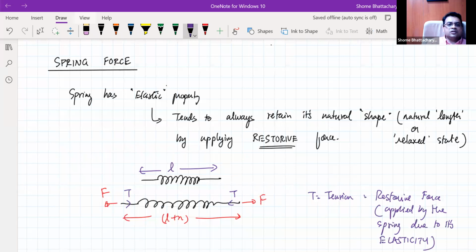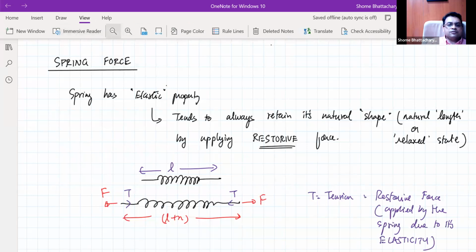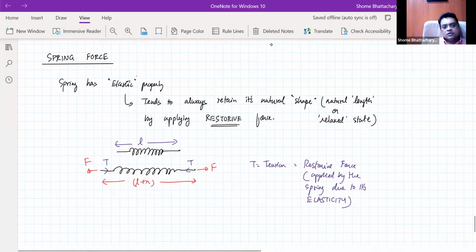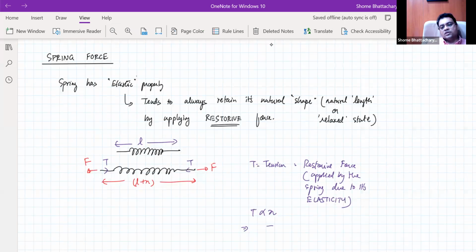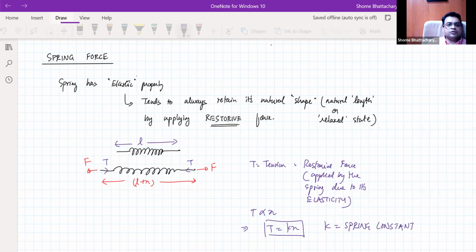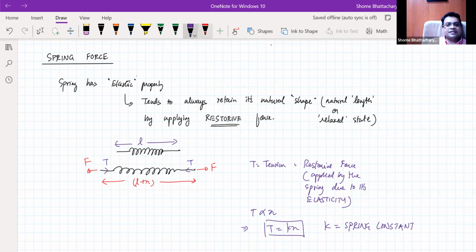Okay. So this elastic force has a magnitude which is proportional to x. That constant of proportionality is called the spring constant. Now in this case, I'm showing you a state of extension.